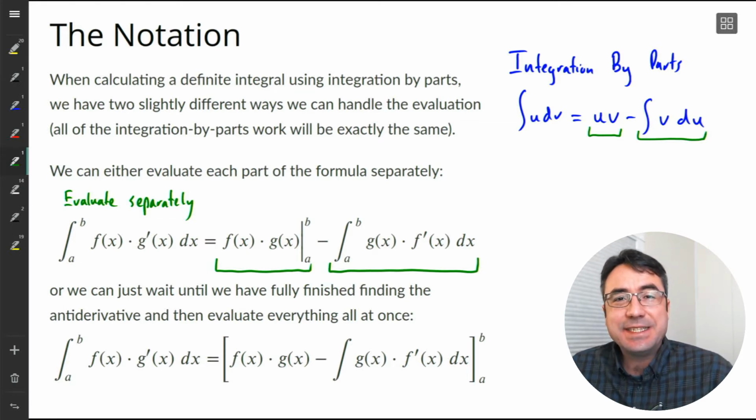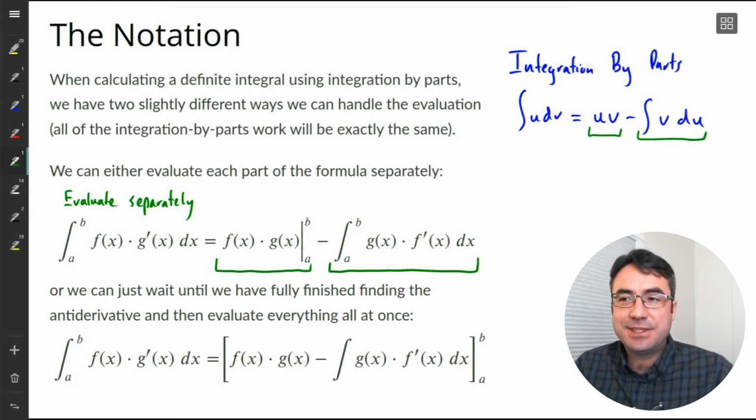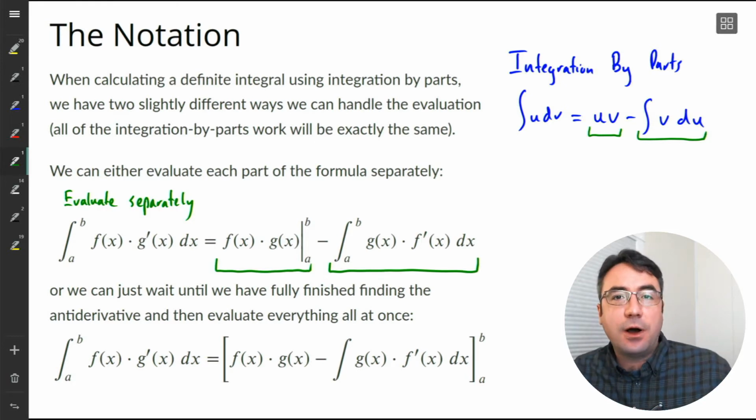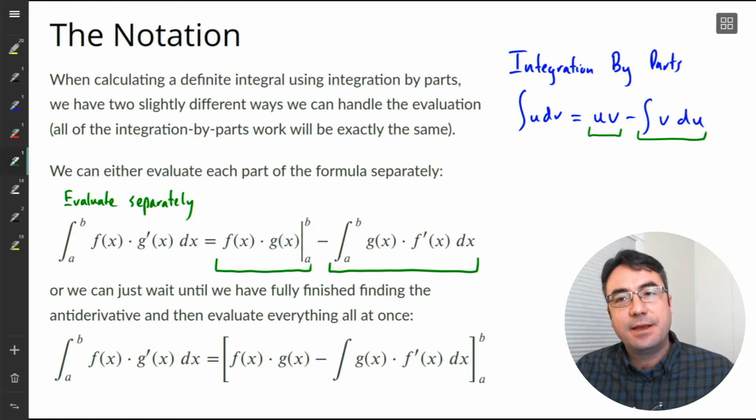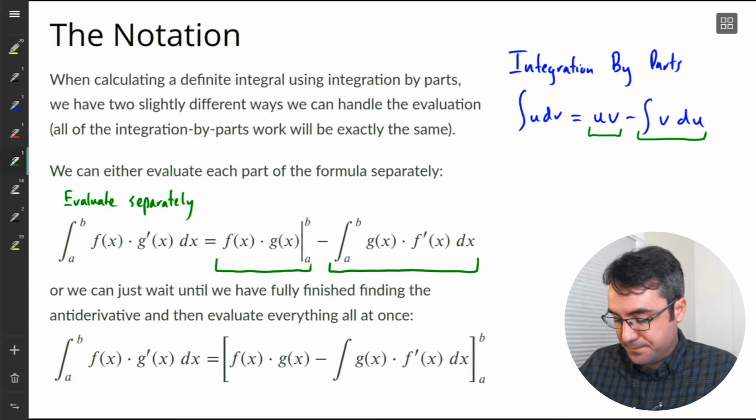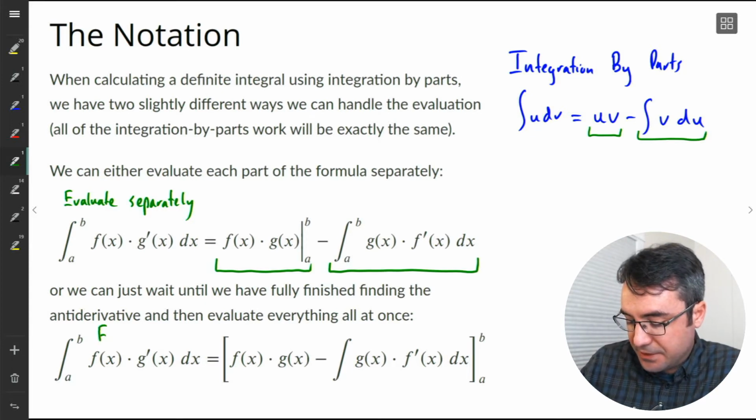If that integral is on the easier side, or there aren't too many steps involved, our second option is to just get through all the integration and evaluate everything at the end. That's our second option: evaluate all at once.